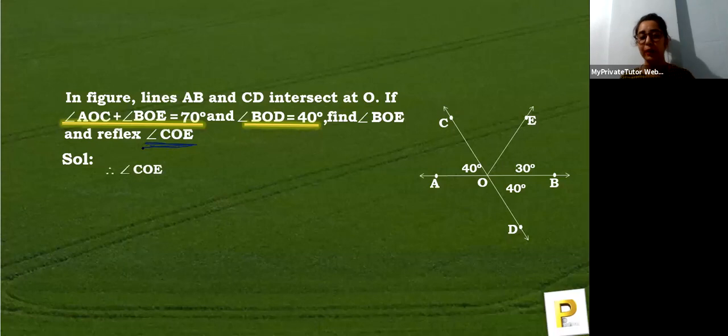Angle COE is equal to 110. Okay, can anyone tell me how it will be 110? Angle COE is 110. You have to find the reflex angle. Can anyone tell me what a reflex angle is? If you guys remember, what is a reflex angle?